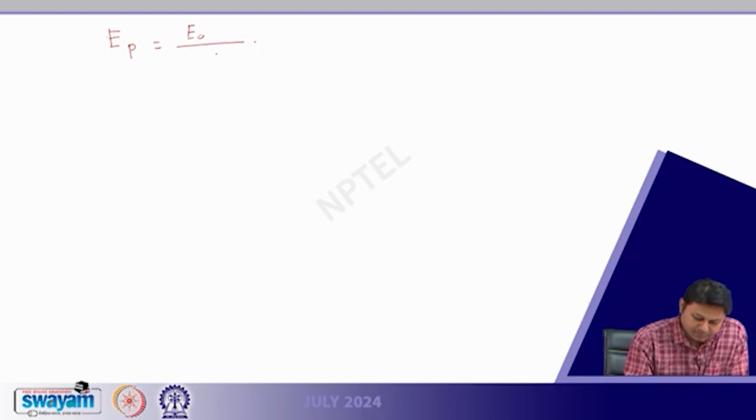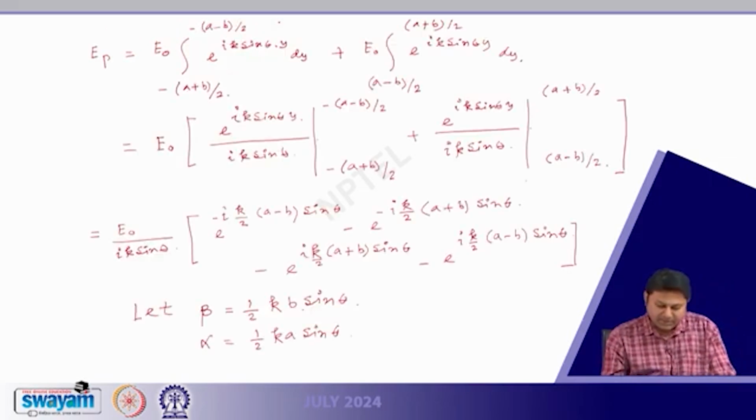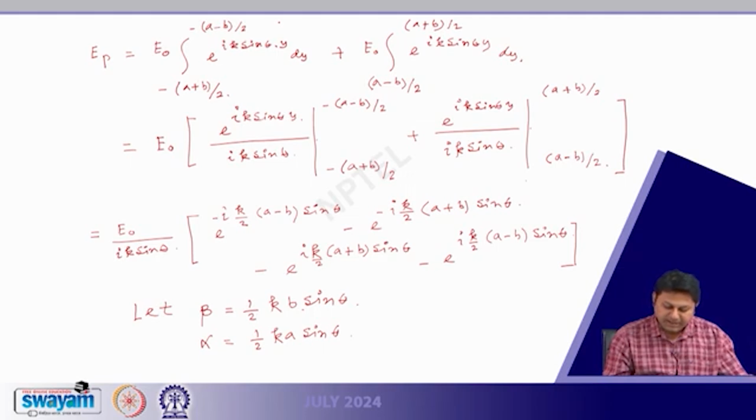So, then E p will be simply E naught divided by i k sin theta, and then if I rearrange, if I look carefully at this expression, what I can do is take e to the power i k by 2 a sin theta common from here. This term is present here also, so I can take it common and I am going to get some expression. Similarly, e to the power i k a sin theta, if I take common, then I will get some expression like that.